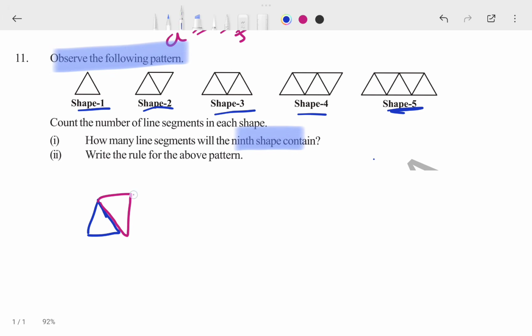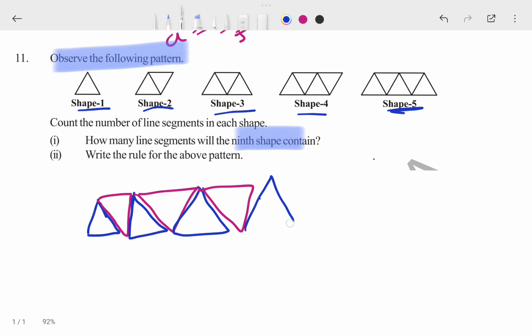Then one straight, one down, one straight, again one down, another straight, another down, another straight, another down. Count: 1 2 3 4 5 6 7 8. Then we have to create another: this is down, so this is up. This is one shape. Right, now count how many line segments are there.